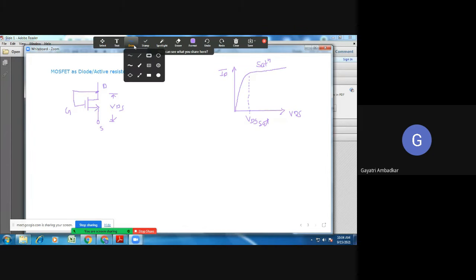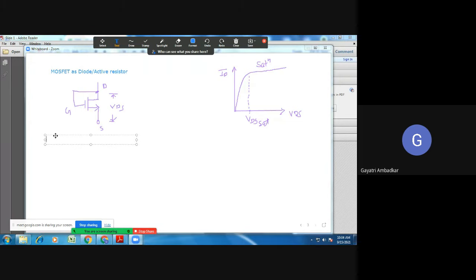What is the condition for the MOSFET to remain in the saturation region? What is that condition? This voltage VDS must be greater than or equal to VDS sat.